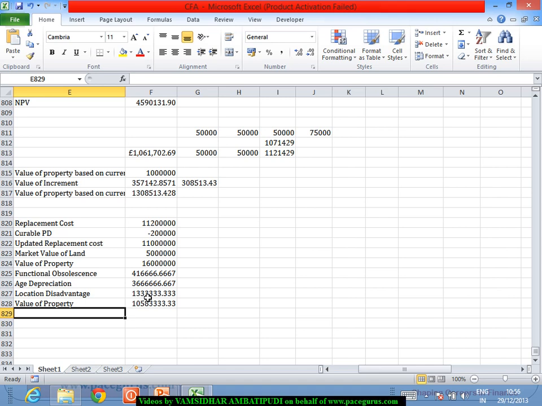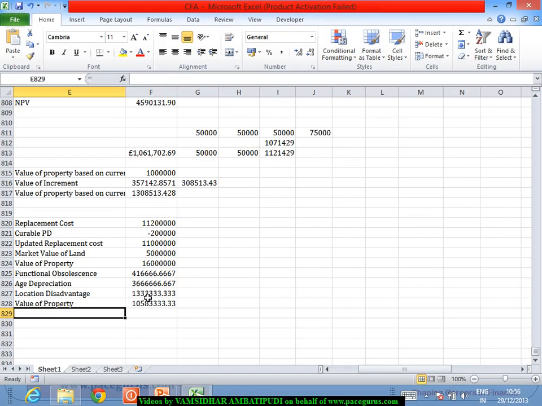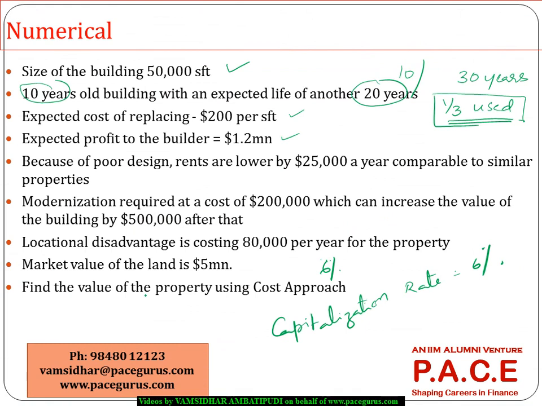This property is worth 10.5 million as of today using the cost-based approach for valuing the property. So this is what goes into the cost-based approach to valuing a real estate property. But of course, this is based on so many assumptions that we are making. Some of the assumptions are as simple as how much the rental decreases because of poor design, how much the rental decreases because of a location disadvantage.